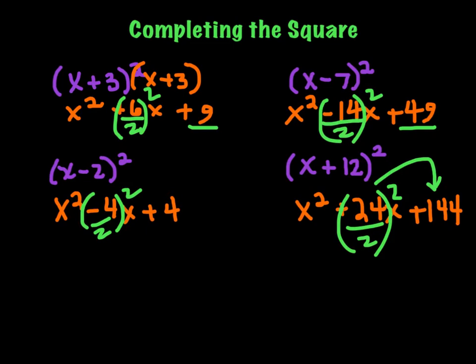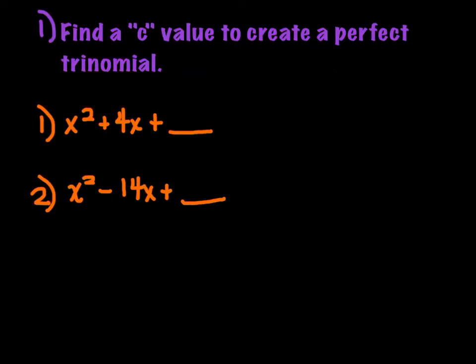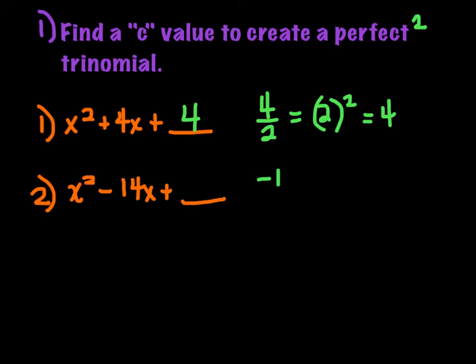Okay? So there are two things you have to learn how to do before we can actually solve by completing the square. The first thing is how to create a perfect square trinomial. So we're going to take b, divide it by 2, and square it.